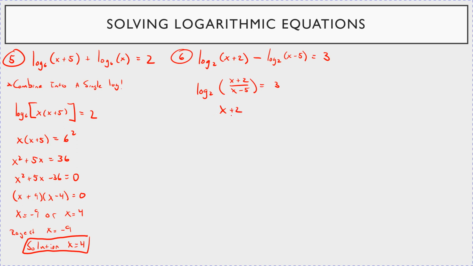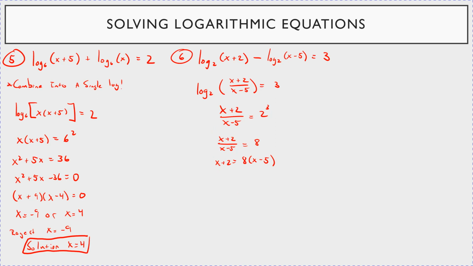So x plus 2 divided by x minus 5 is equal to 2 cubed, which is 8. Just solve by cross multiplying. So you have x plus 2 is equal to 8 times x minus 5.